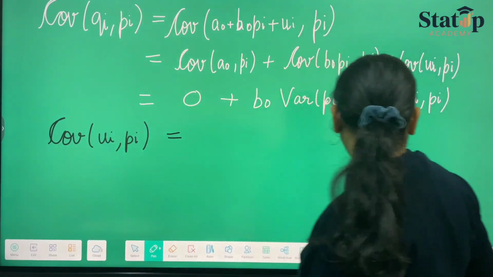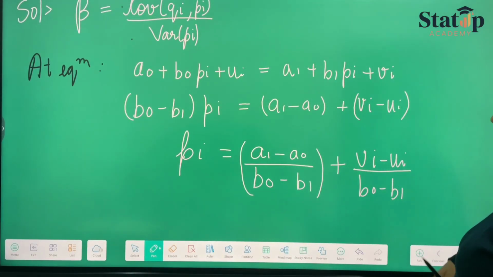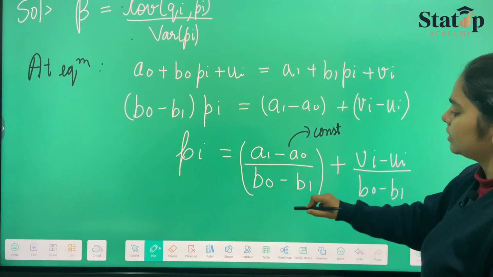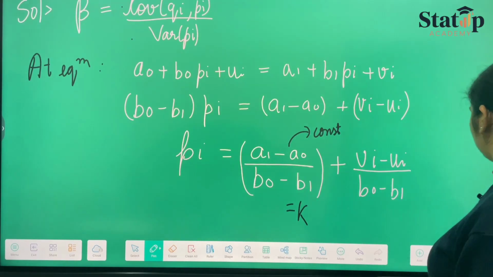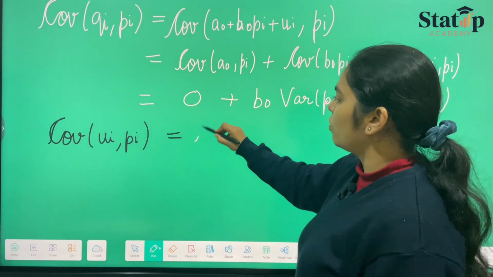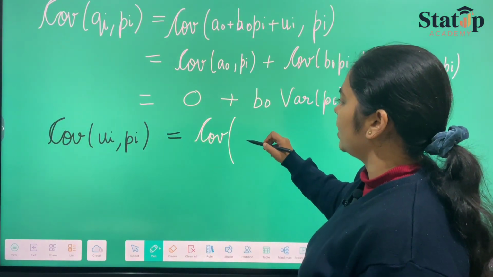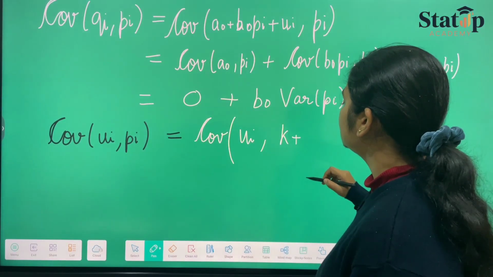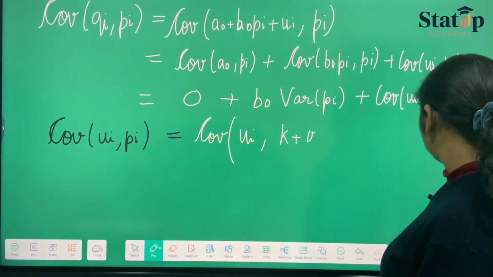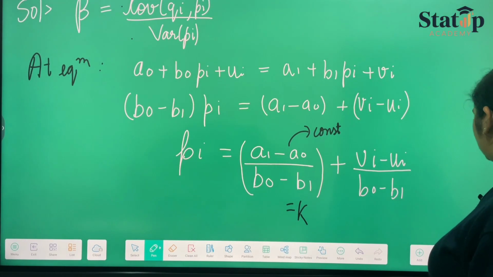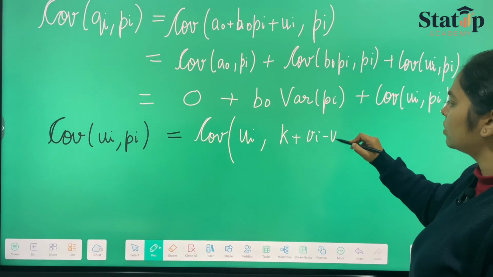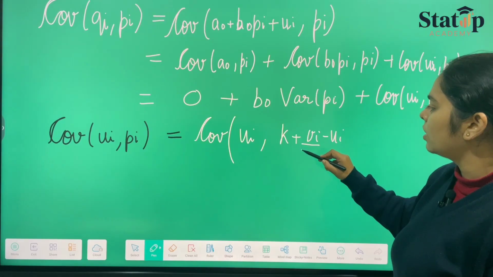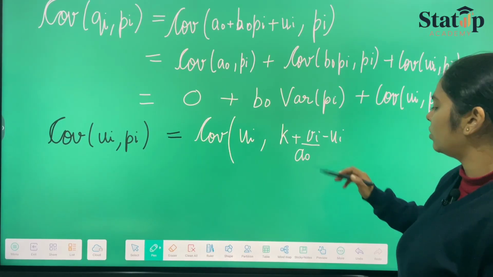So we get this value for the covariance between Ui and Pi. We can take the value of Pi from here. This part can be taken as a constant, so let us take it equal to K. So the covariance between Ui and Pi can be written as K plus (Vi minus Ui).